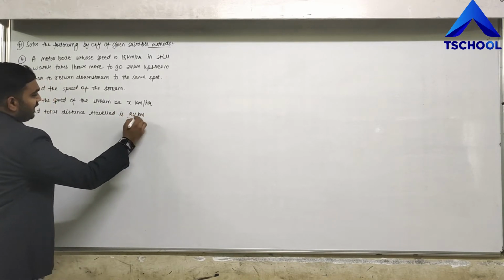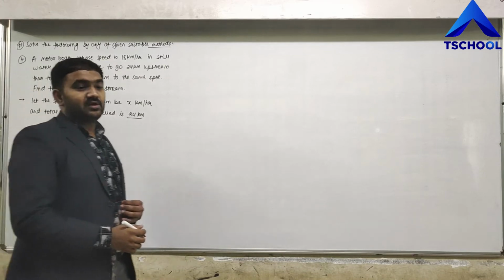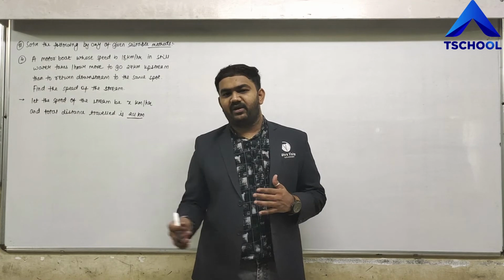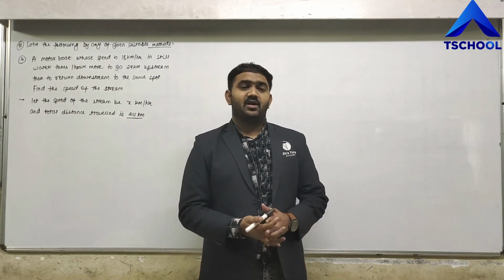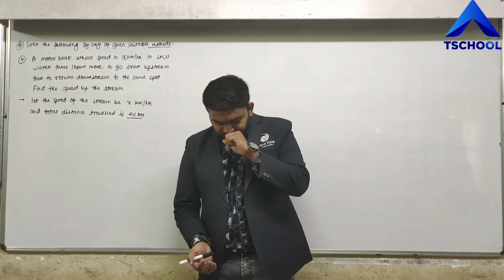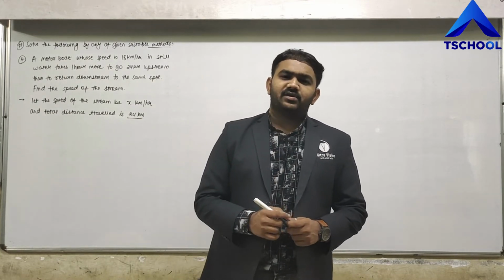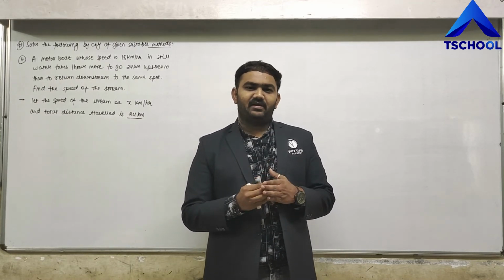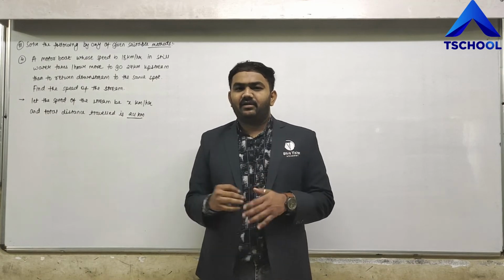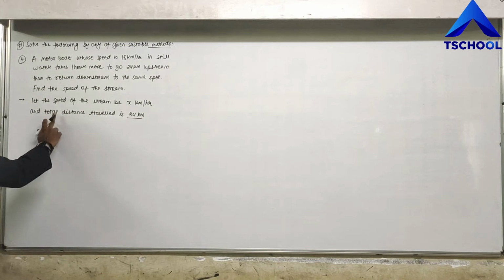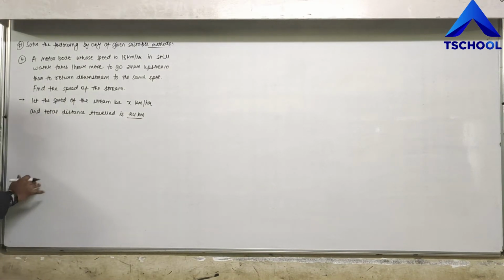See friends, I am not taking 24 plus 24 because total distance traveled, if you say, that will be 24 upstream and coming back 24 downstream, that becomes 48, right? But we are not going to take that as 48 because we are going to find out the time taken individually. That means time taken to go upstream and time taken to come downstream, so that we shall take the total distance traveled, or the distance traveled while traveling upstream or downstream is 24 kilometer.